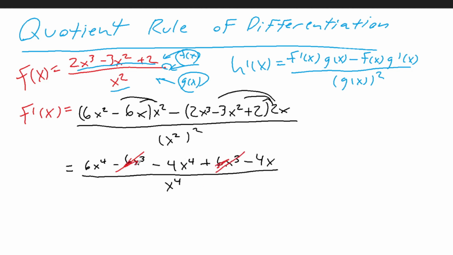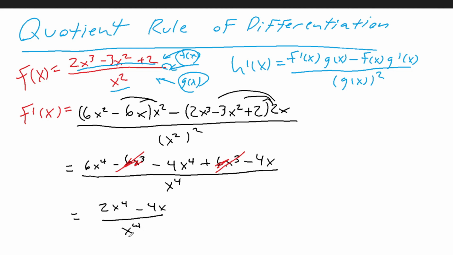And then the 6x to the power of 4 and the negative 4x to the power of 4 can combine into 2x to the power of 4, and then we're subtracting 4x, and we're dividing by x to the power of 4.